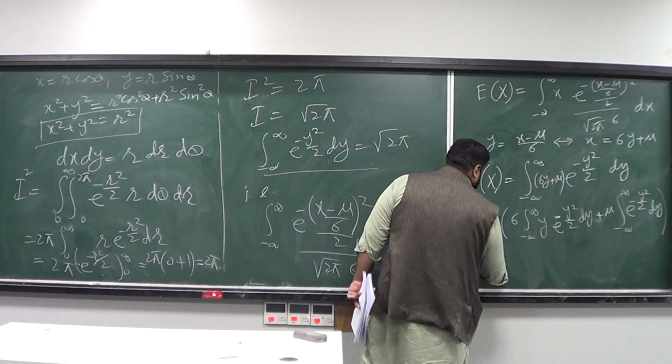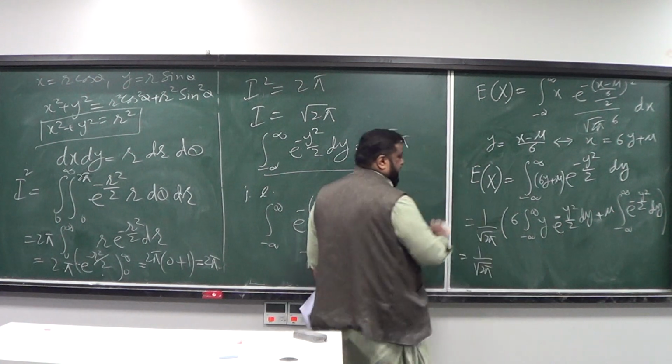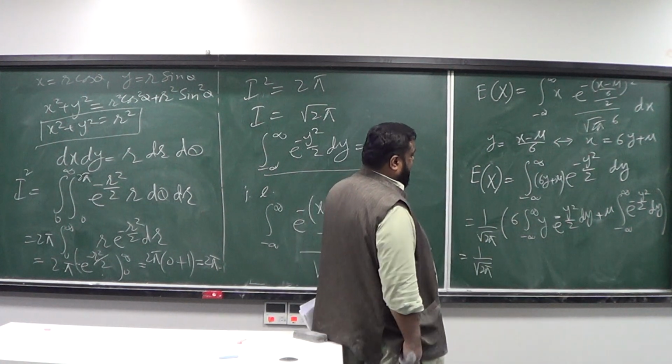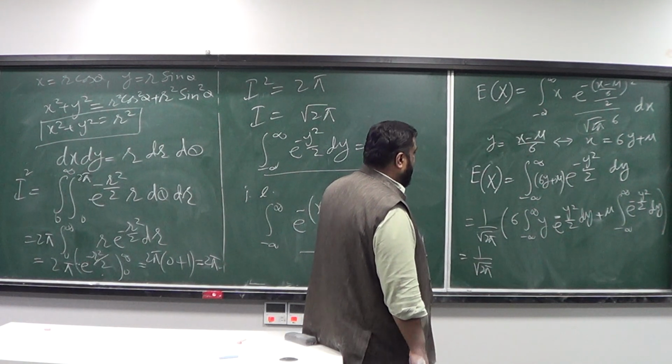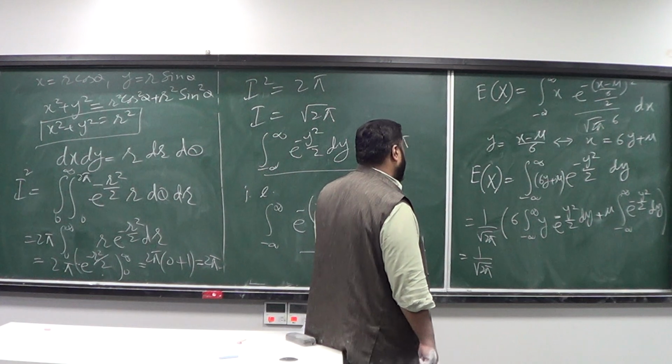What would be this first integral? This is y e to the minus y square by 2.